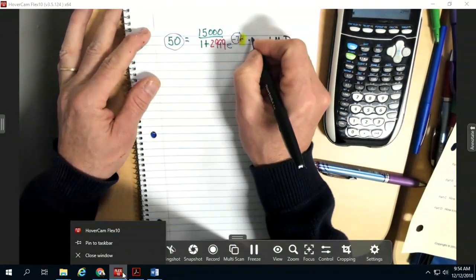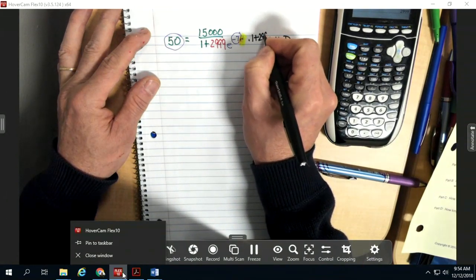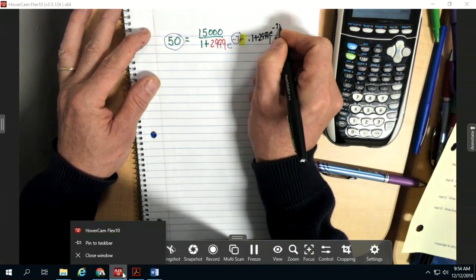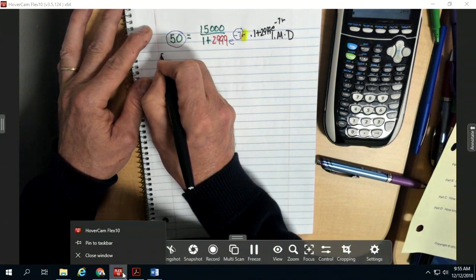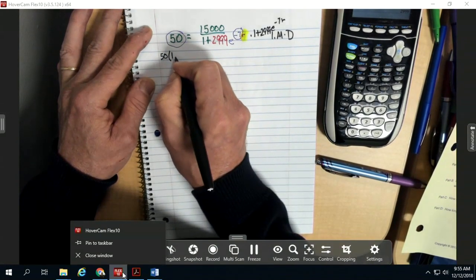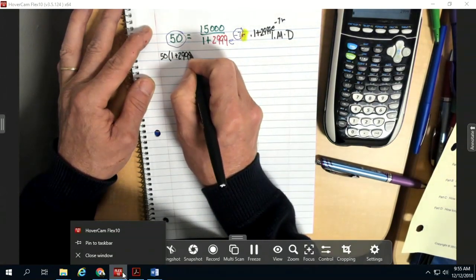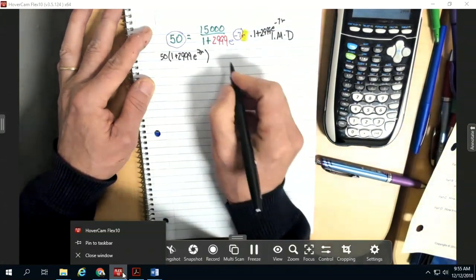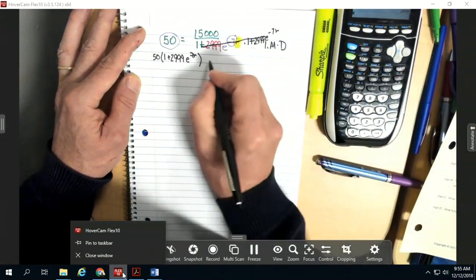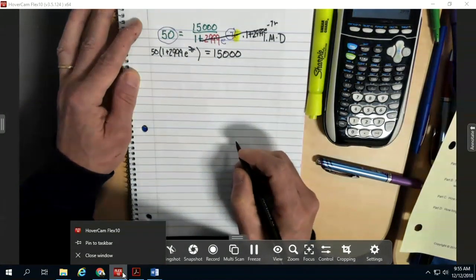We're going to multiply both sides by 1 plus 299 e to the negative 7r, and we get 50 times 1 plus 299 e to the negative 7r. That's going to equal, well, if you notice on the other side, these are going to cancel, so it's going to be equal to 15,000.